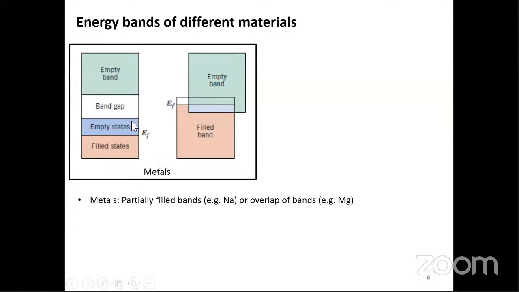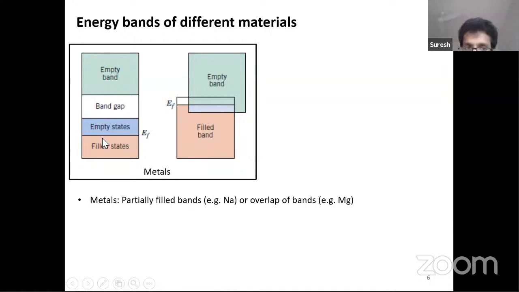So you can see this valence band is now half filled and half is empty. The electron can now very easily jump from this level to the next level, even at room temperature. That's why metals are very easily conducting materials. Or in the other case, you can have overlap of bands. There also you have an empty band immediately above the filled band, so the electrons can jump.